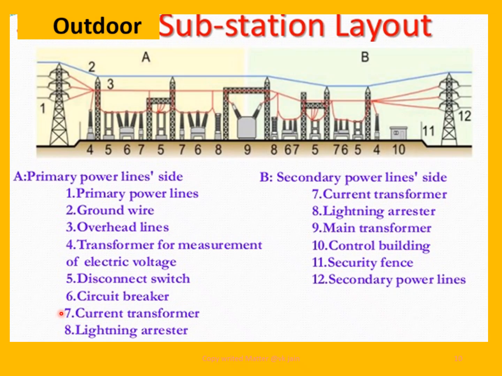Seventh shows the current transformer. We need current transformers for measurement purposes. Here also, so many current transformers. Then eighth shows you the lightning arrestor. This provides the lightning arrestor system, which takes care of the system in case of discharge of electricity.